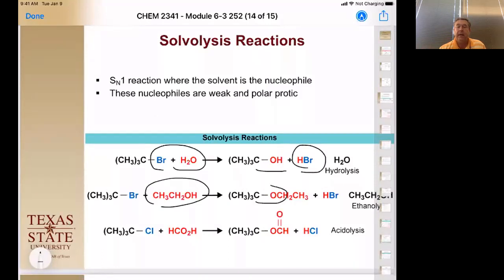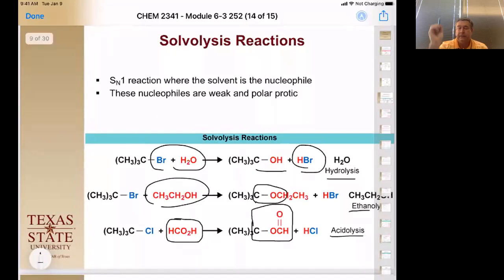That would be protonated when it first forms, and we'll have to lose that proton to make the neutral molecule. We can even use formic acid or a carboxylic acid, and it's going to form an ester. With water, it's hydrolysis. With ethanol, it'd be ethanolysis. And with an acid, it'd be acidolysis.